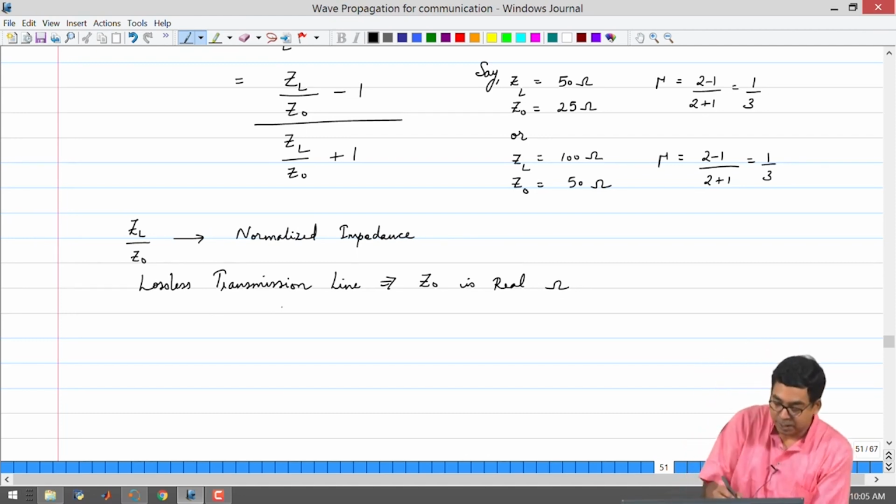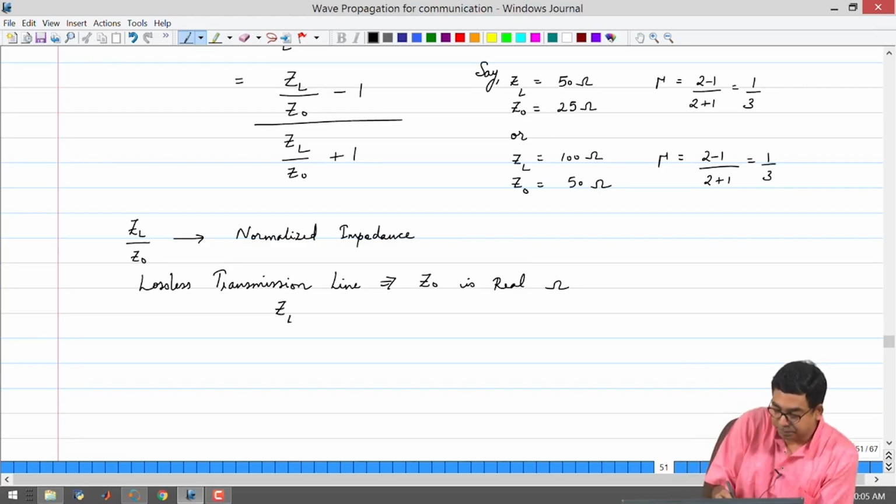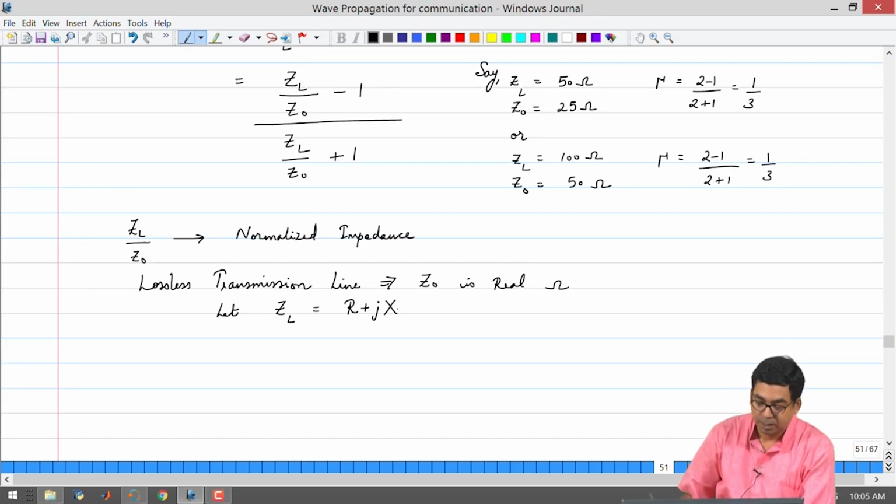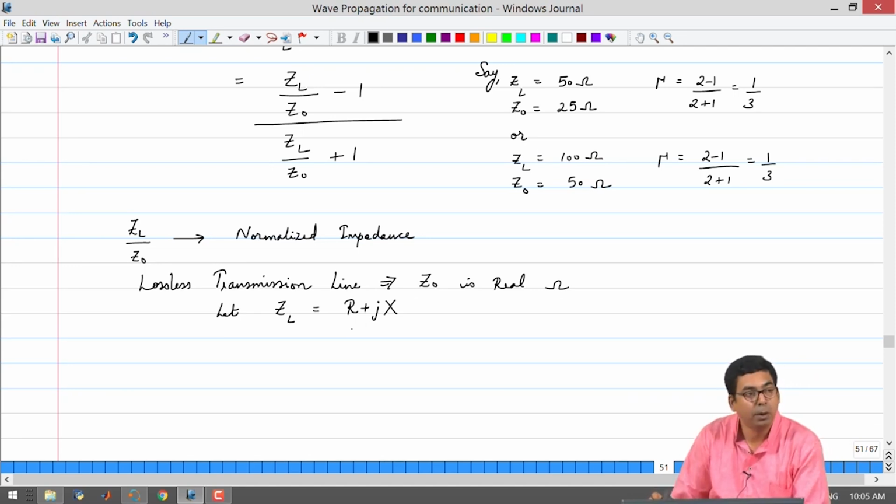So, let us say that your ZL is equal to some R plus jX, where R is the resistive part of your impedance, X is going to be the reactive part of the impedance. Now, there are two things that first we have to make clear before going further. So far, we have drawn the circuit equivalent only for passive circuits, and we already know that for passive circuits R cannot be negative.